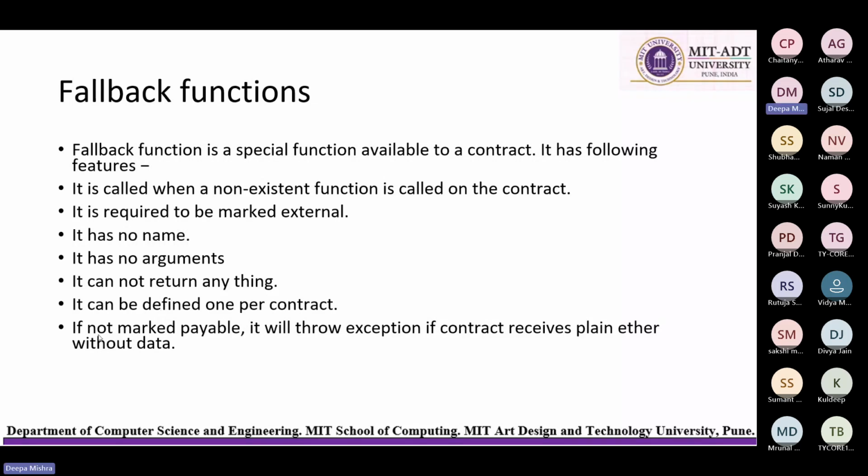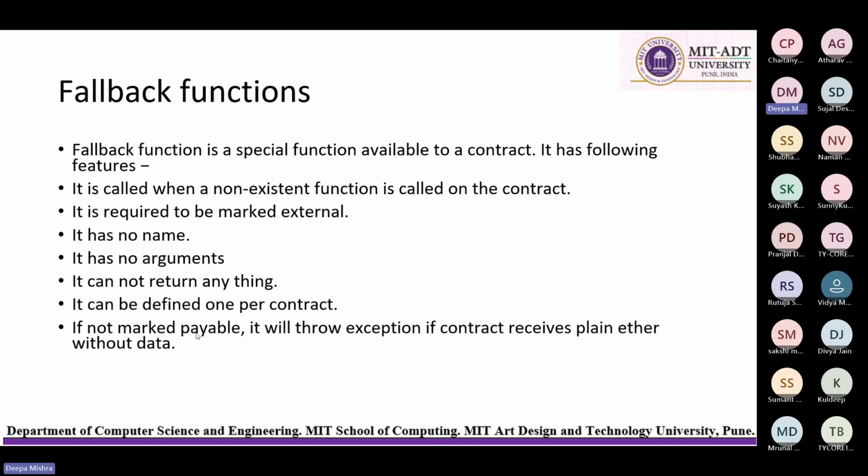If the fallback function is not marked as payable, it will throw exceptions. So it is compulsory to mark the fallback function as payable. Payable is again a keyword in Solidity, which is used to define a function which is going to receive cryptocurrency. Any function which is sending or receiving cryptocurrency has to be marked as payable.